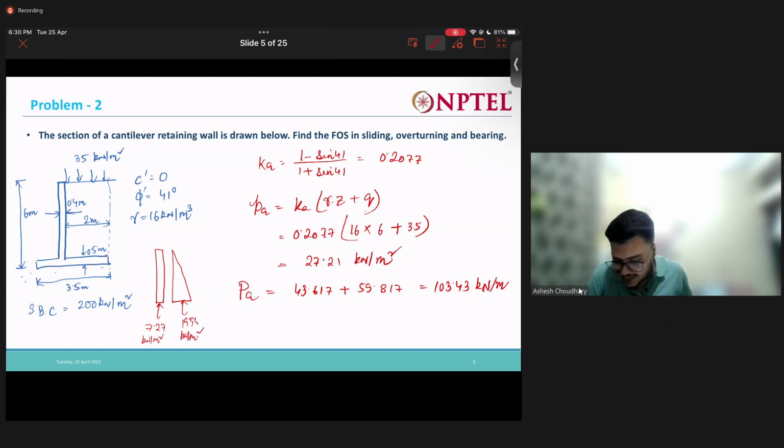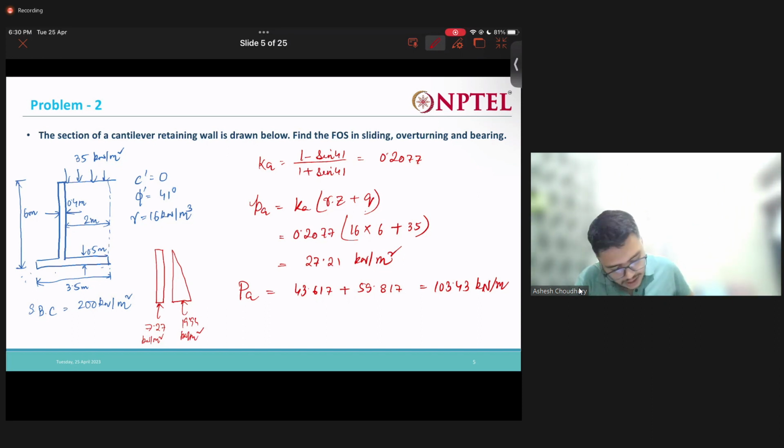Now if you take the areas, let's say this one is P1, this one is P2.